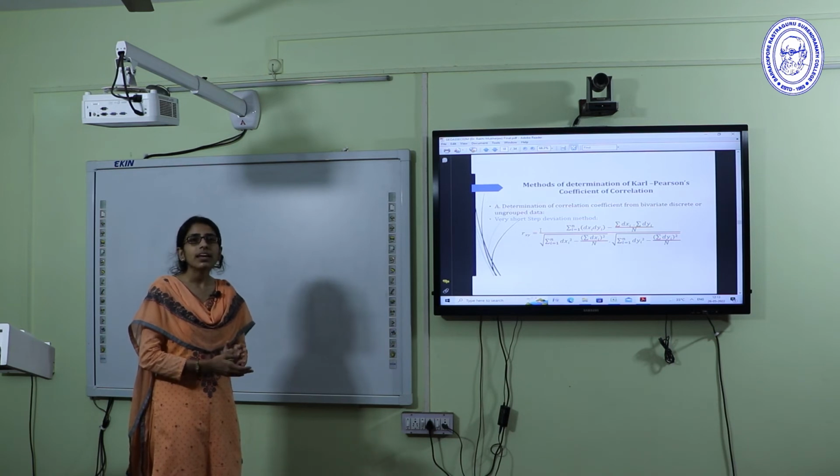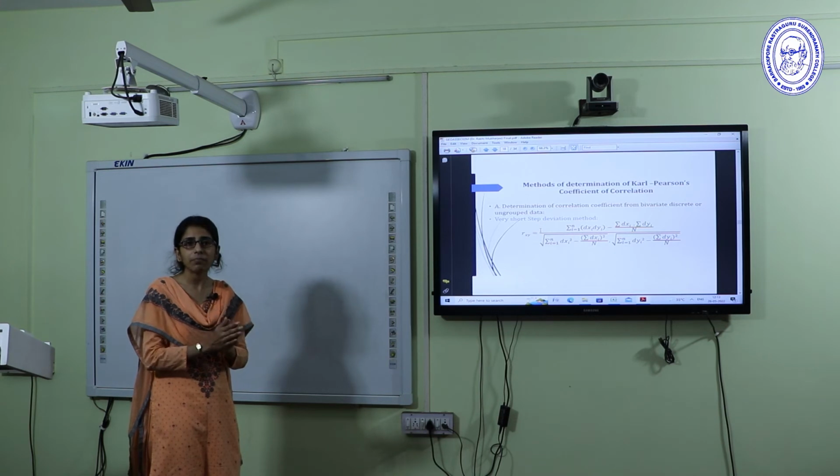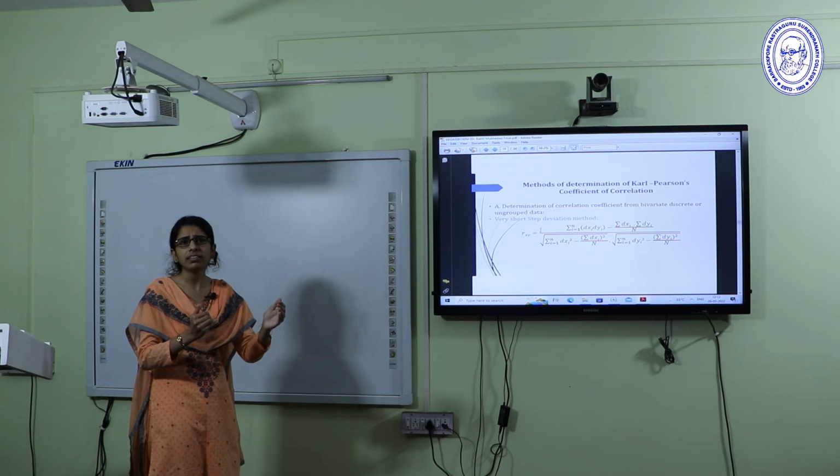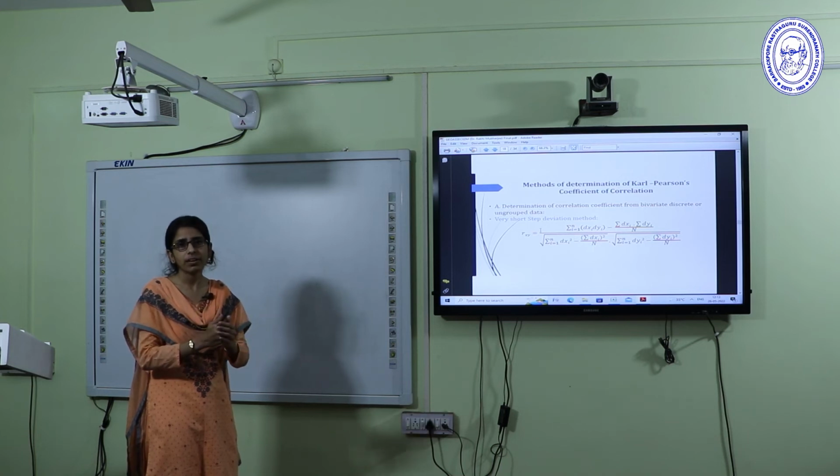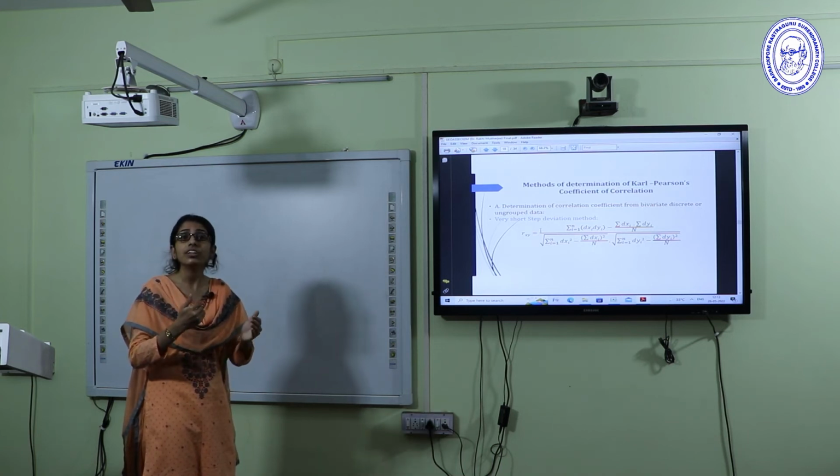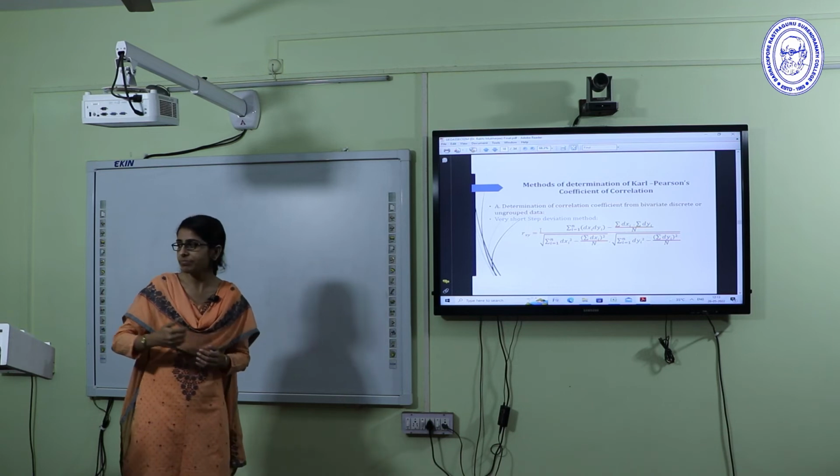That means the parameters are more or less the same, but the process of calculation is a little bit lengthy or a little bit short, as it varies with the nature of the data.